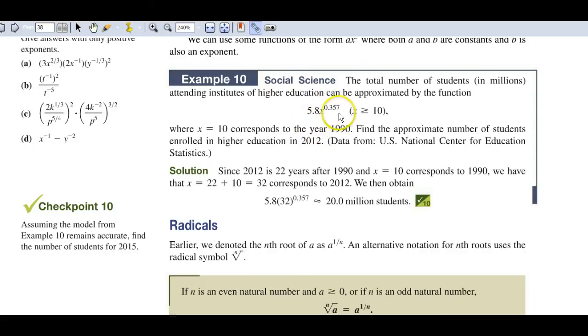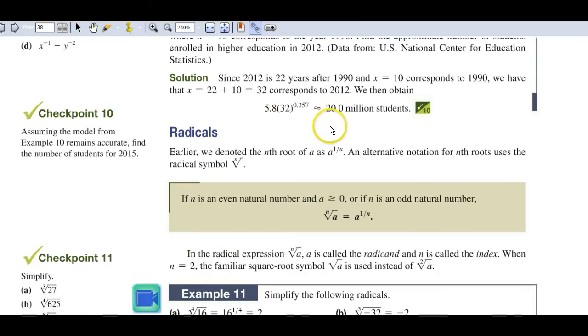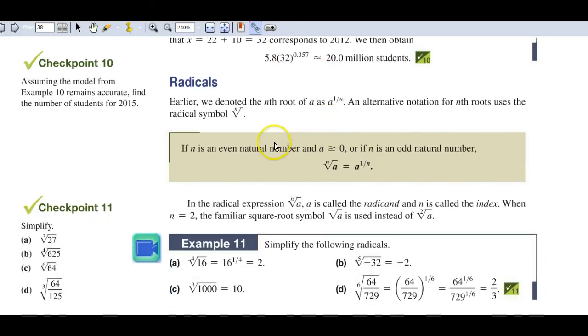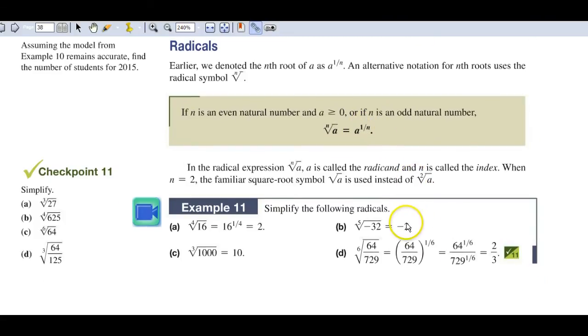Again, if you put that into your calculator, you can get a good result. Now, interestingly, I think we've done this already, that the radical form is equal to its fractional exponential form. So I think we've done these. Good.